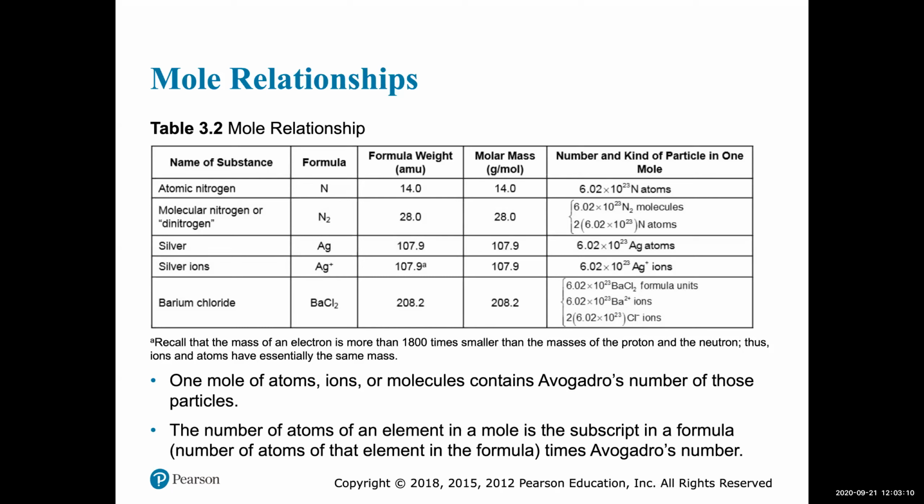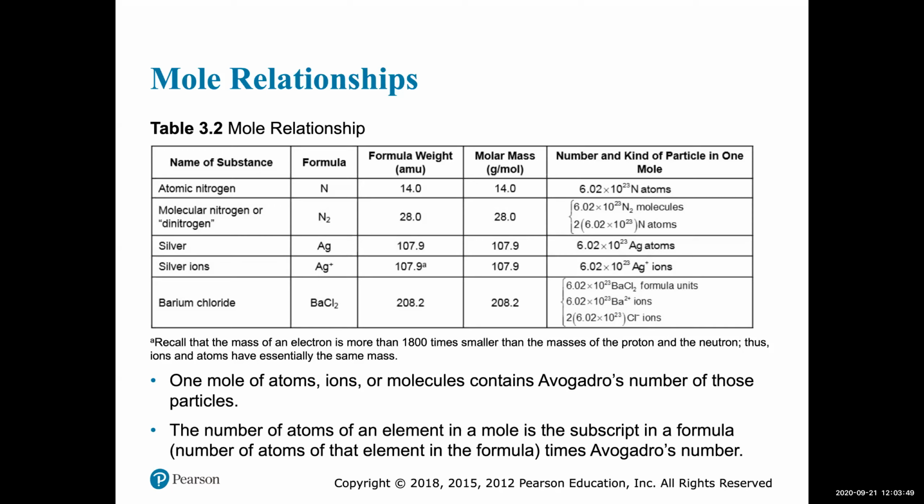The other thing you'll see, over on the right, is the number and kind of particle in 1 mole. If you look at it, you see our friend Avogadro's number coming up: 6.02 times 10 to the 23rd atoms. If we look at dinitrogen, molecular nitrogen, you'll see that there are 6.02 times 10 to the 23rd N2 molecules, but for N atoms it's twice that, because there are 2 atoms making up that molecule.